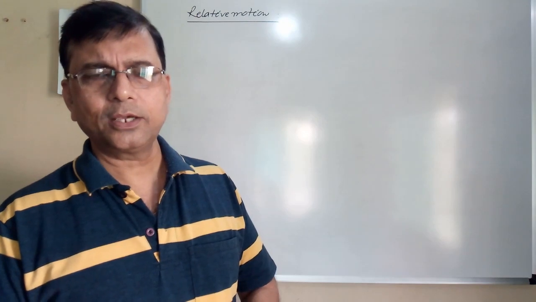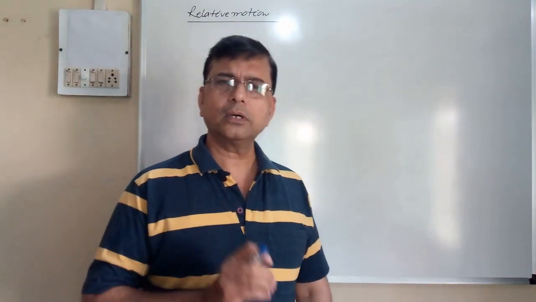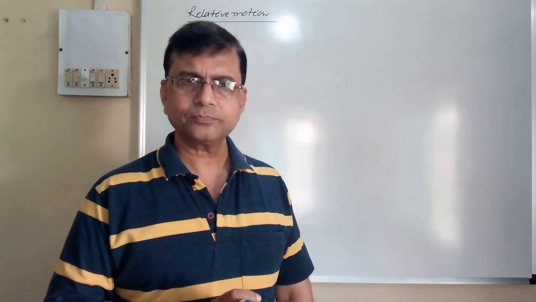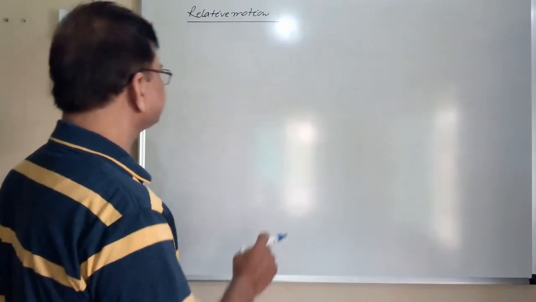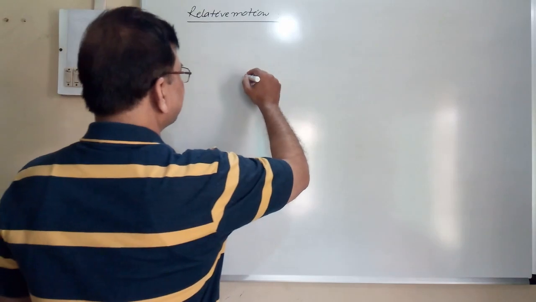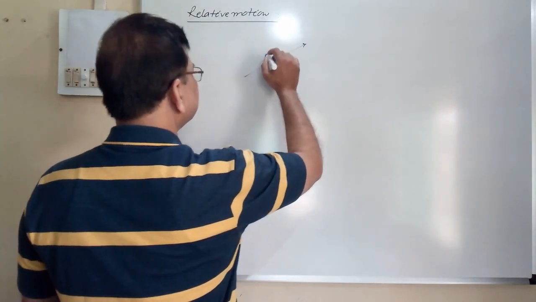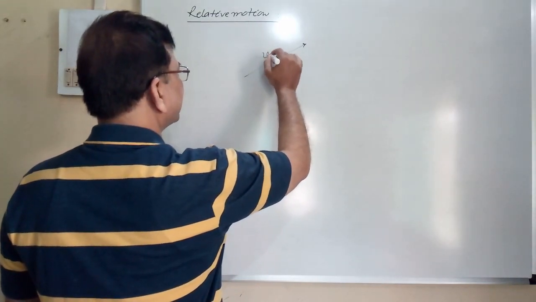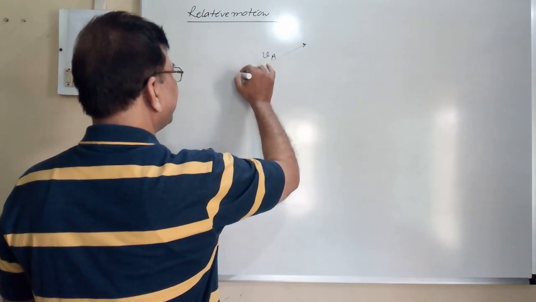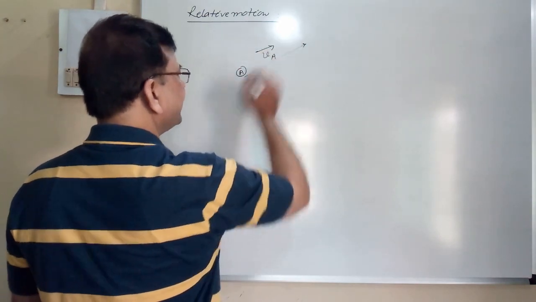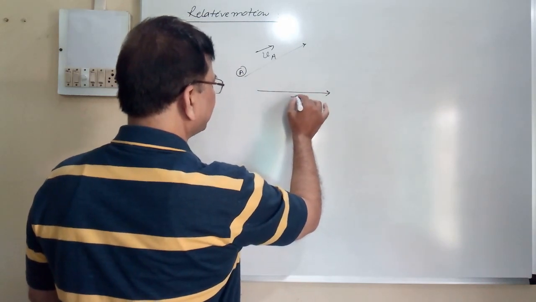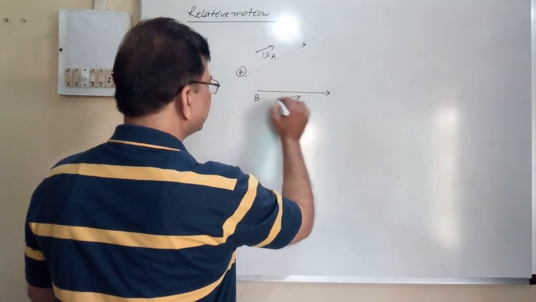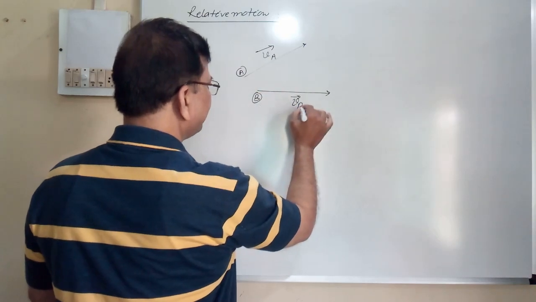Hello students, we have discussed relative velocity. Relative velocity of A with respect to B. Suppose this is the velocity of an object A, that is VA, and this is the velocity of an object B, that is VB.